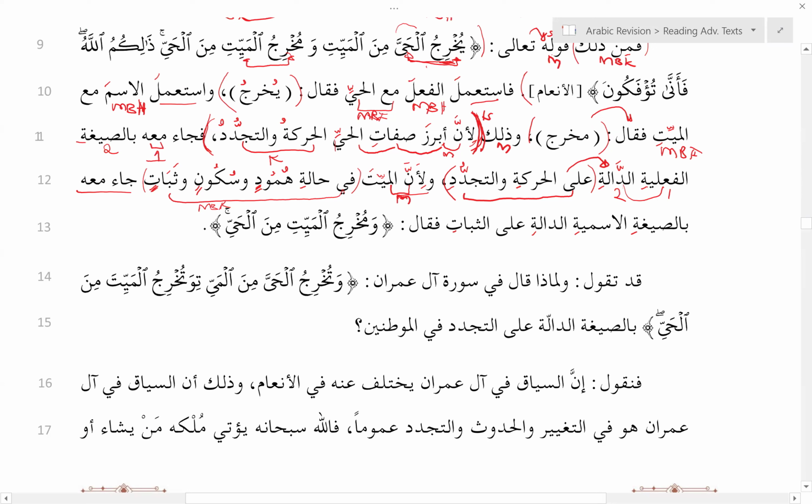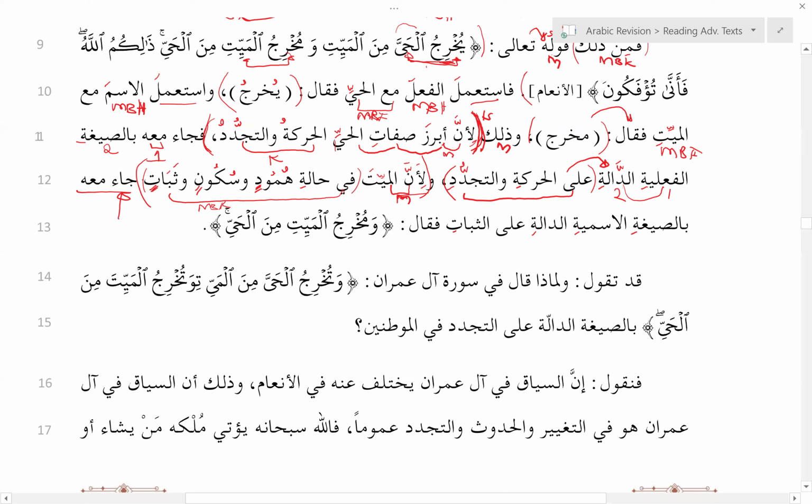But for some reason Arabs decided to bring the jar majroor ahead and then the sentence later. So لأن الميت is again another giant jar majroor, متعلق بالفعل جاء.